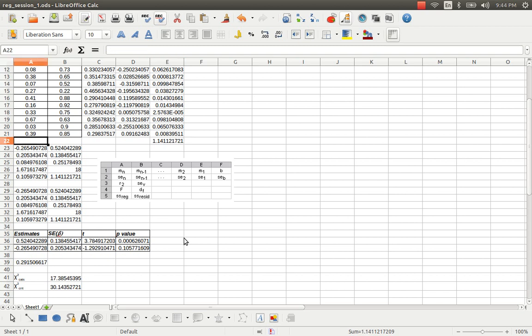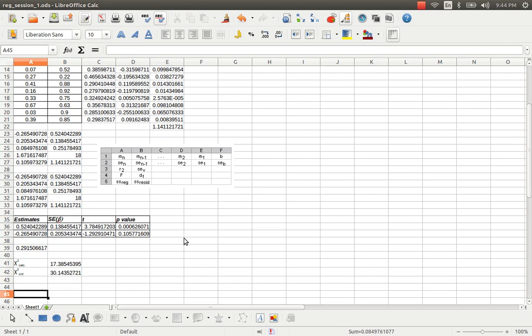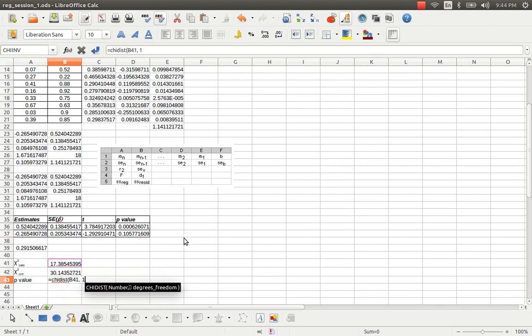So we are accepting the null hypothesis, and let us cross-check our inference with the help of the p-value. We have a wonderful function, chi distribution, with the calculated chi-square value and the degrees of freedom. So the p-value is 0.56. Yes, our inference is correct. So we are accepting the null hypothesis.